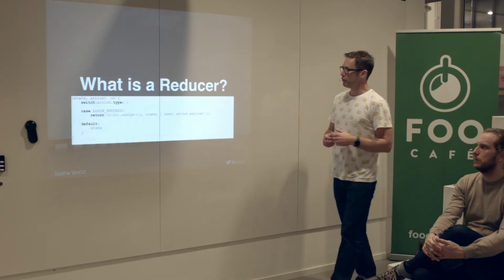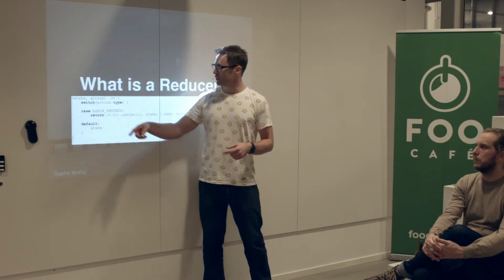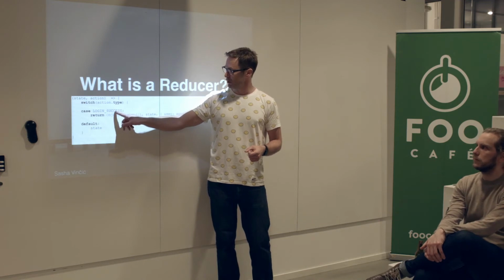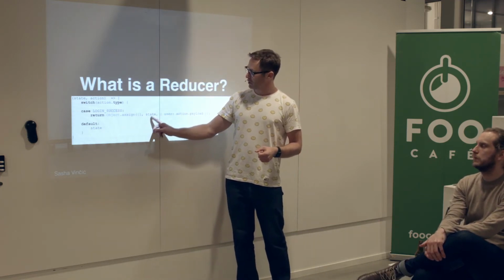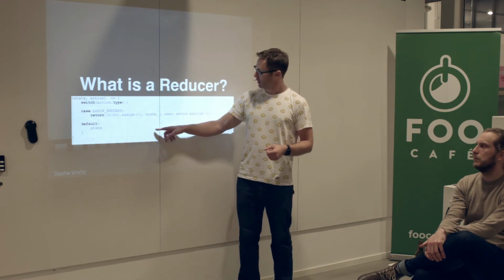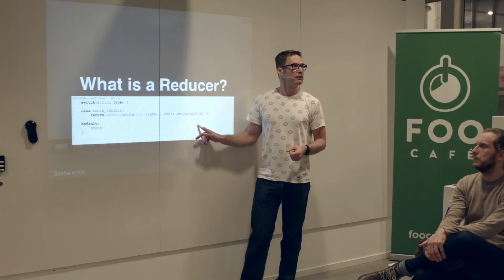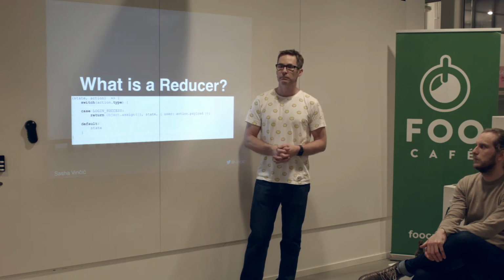And here we have a reducer that takes a state and an action as input. It checks the type, and if it's a login success, like we saw previously, it makes a copy of this state, applies the data, and stores it as user on the state.